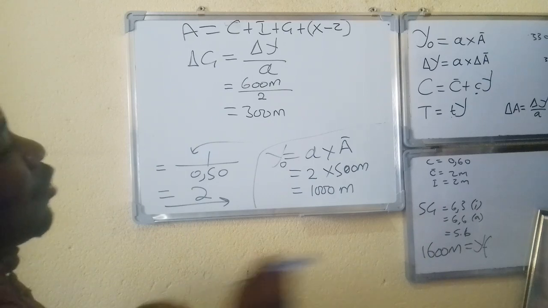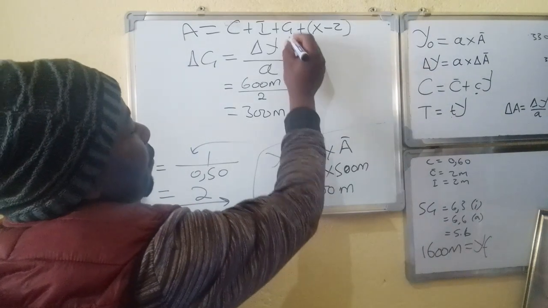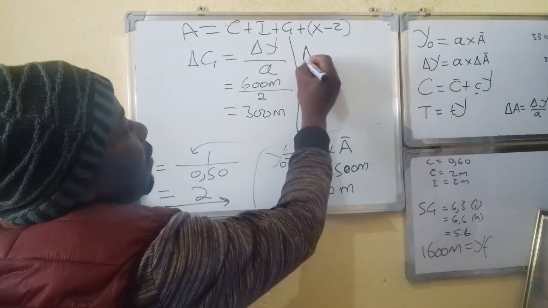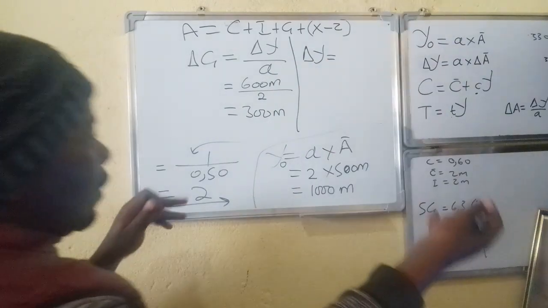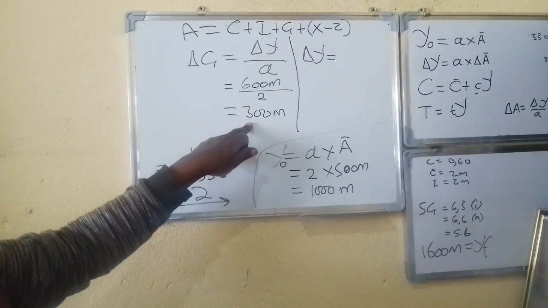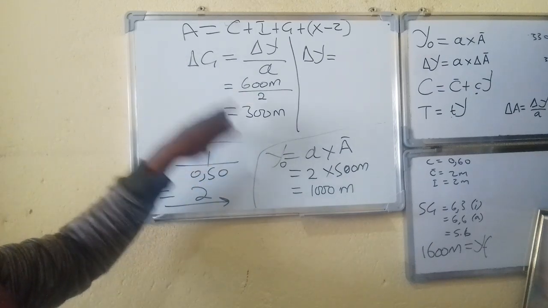The formula you are using is that you start with what you don't have. Let me just do this. Change in income. When you are looking for a change in income, that will be caused by a change in government expenditure or investment expenditure or aggregate expenditure or any of those ones.